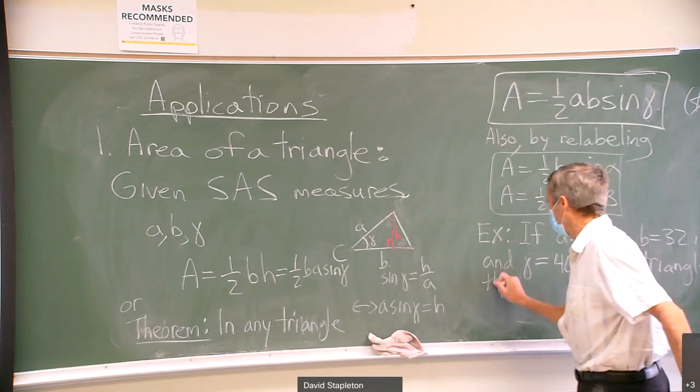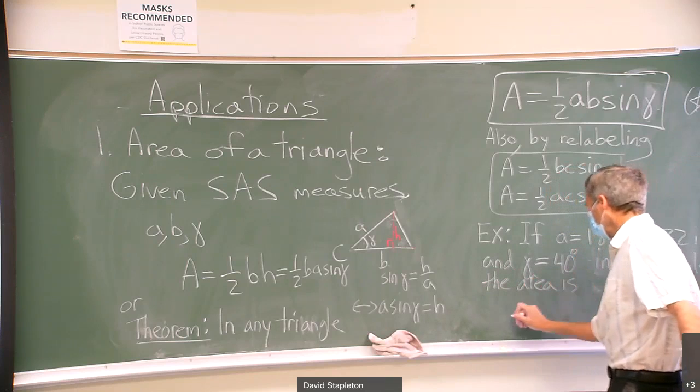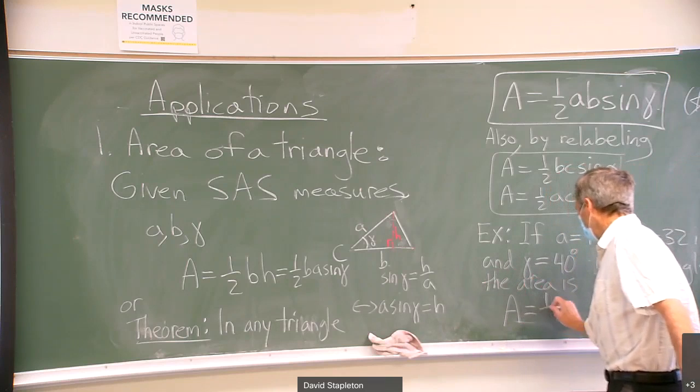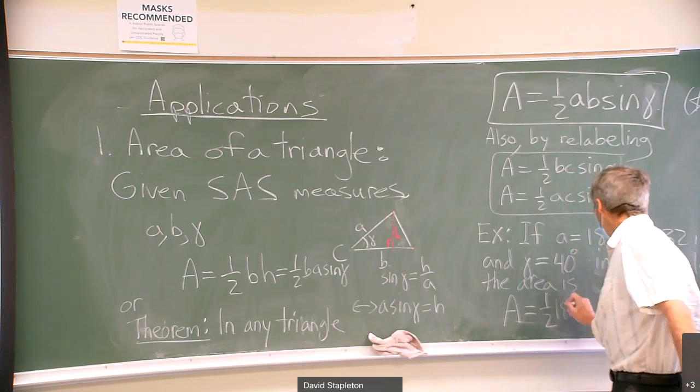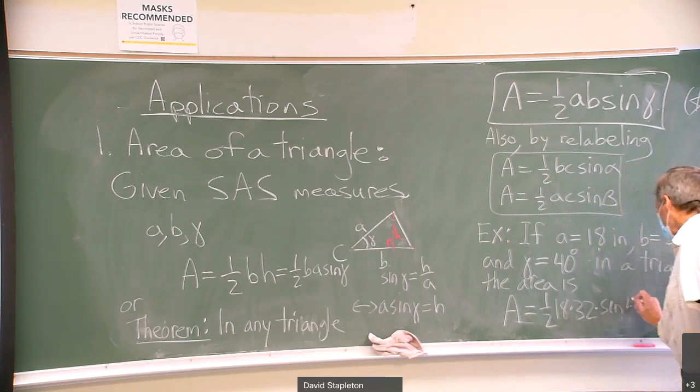The area is A equals 1/2 AB sine C, or gamma.